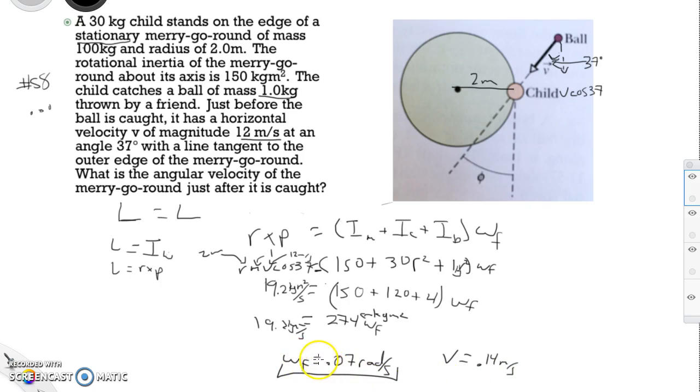We can take another step and find the acceleration the child feels, omega squared r, and that would be about 0.01 meters per second squared. So a very small acceleration, very slow rotation. And that is a 3-dot problem from the book.